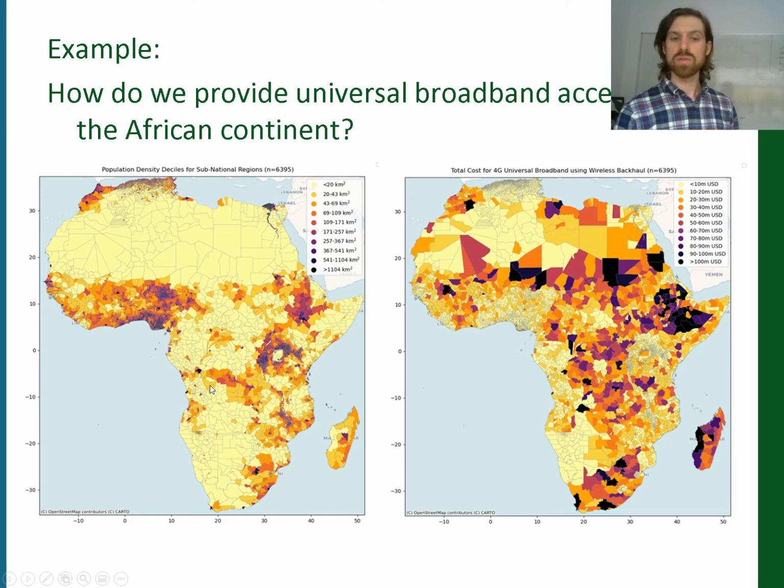We have lots of areas with low population around here. Then we have the East African area, around Ethiopia, and around Lake Victoria, so Uganda, Rwanda, Kenya, Tanzania. We can see that the population is highly spatially heterogeneous, which means it's very different when we look across space. The population is clustered in space, essentially.